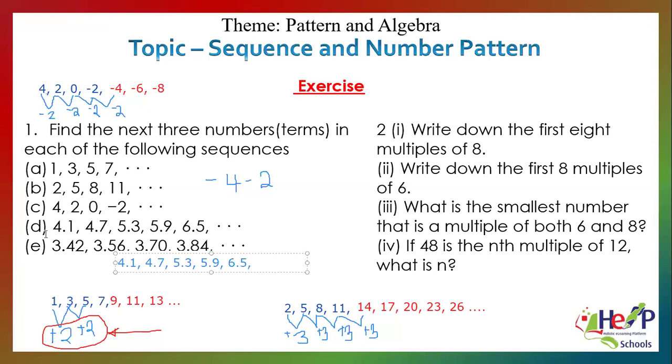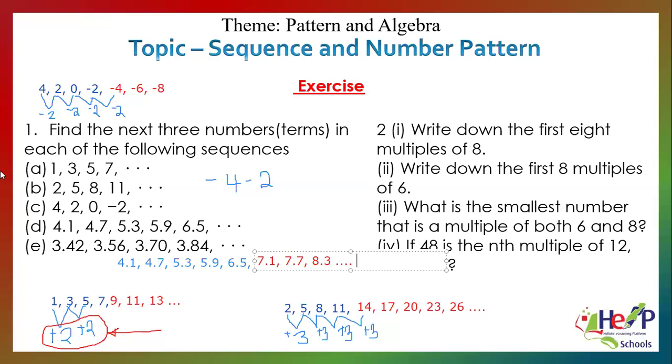I want to know the next ones. The next numbers are 7.1, 7.7, 8.3. Right, and so on.